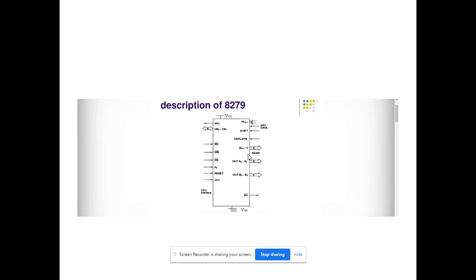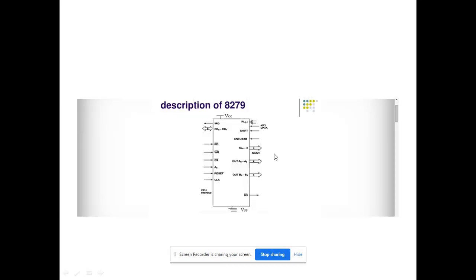There are four major categories of signals, and these signals are connected to the microprocessor through various pins. This section is used to connect the microprocessor, and these sections will be connected to the keyboard. On this side the keyboard will be connected, on this side the scanner, and on this side the output device.